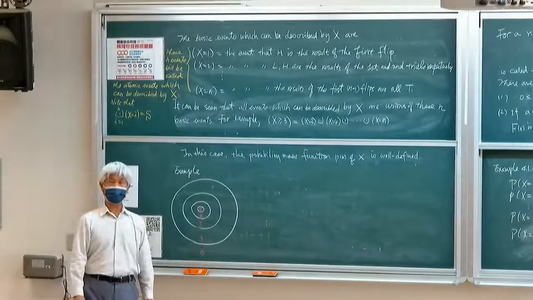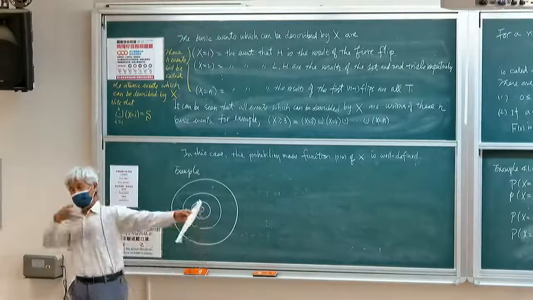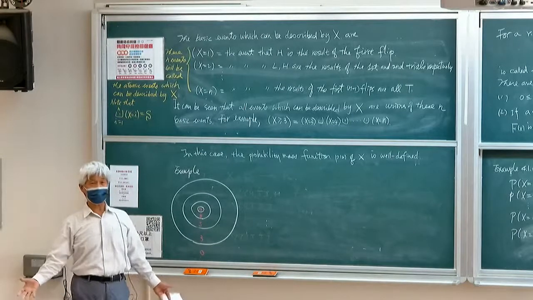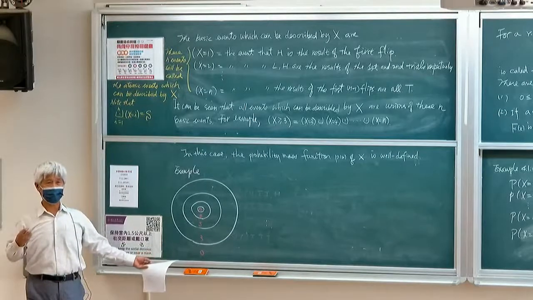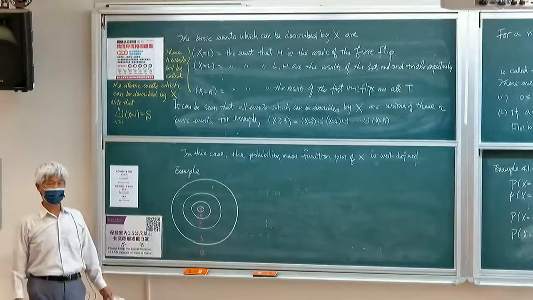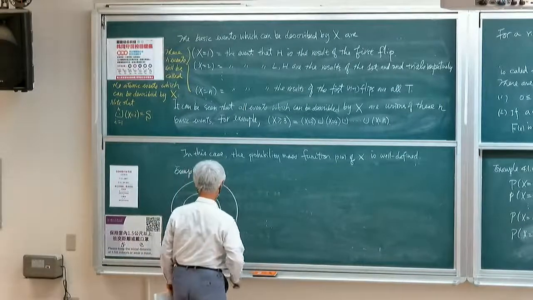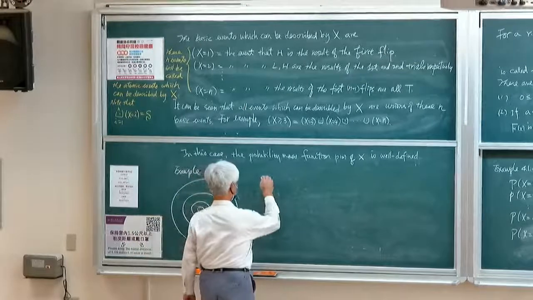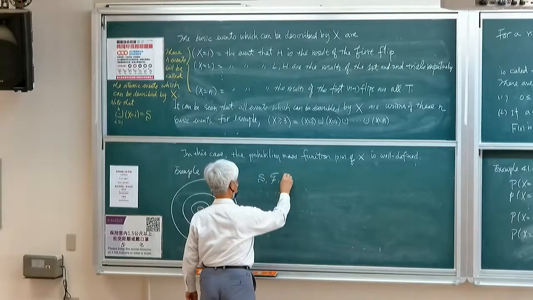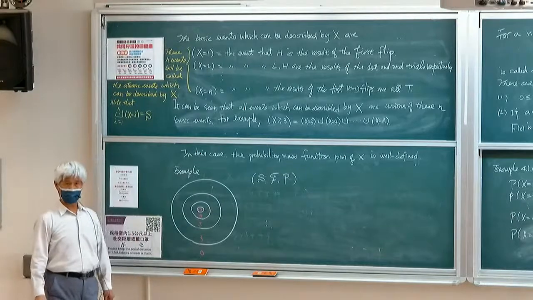Suppose the player is blinded, for example, by masking their eyes, and just blinded, no training, right? So it's a random experiment, and shoots at the target. Okay, so in here you can describe this random experiment by a probability space.